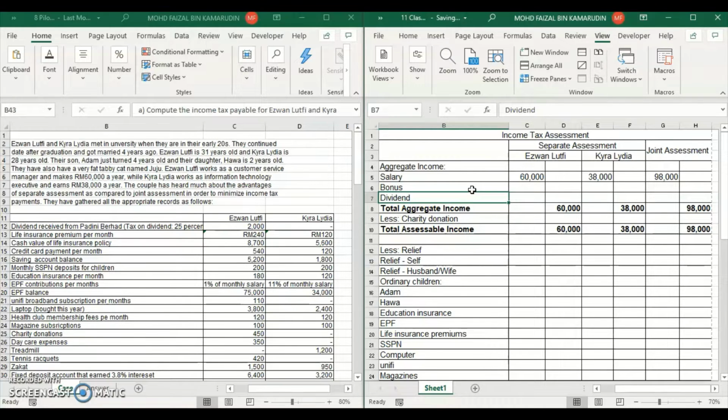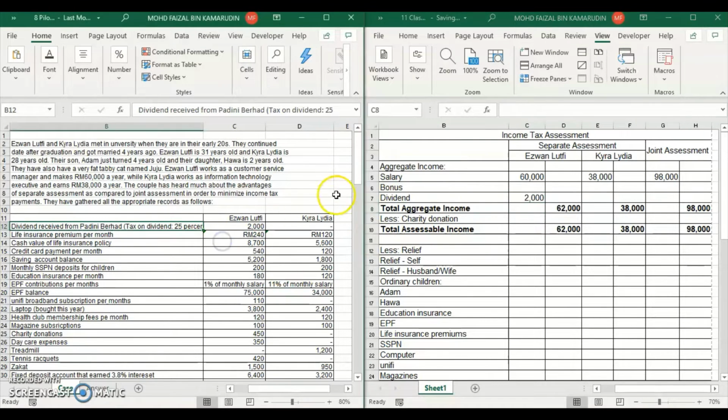Next is dividend. Please understand that some dividends are taxable and others are not. Dividend that you receive from shares investment is taxable. But again, based on the slide we have explained, only income generated in Malaysia is taxable for the time being. So what does it mean? The dividend received by S1 from Padini Berhad, yes, it is taxable because it is in Malaysia.